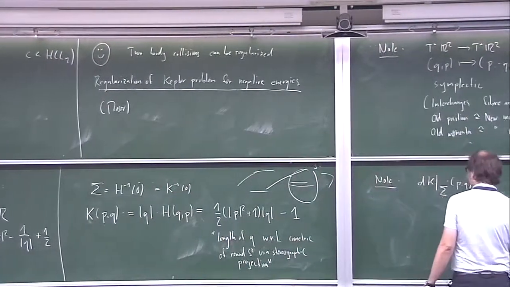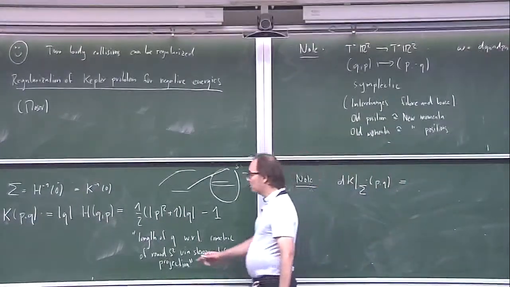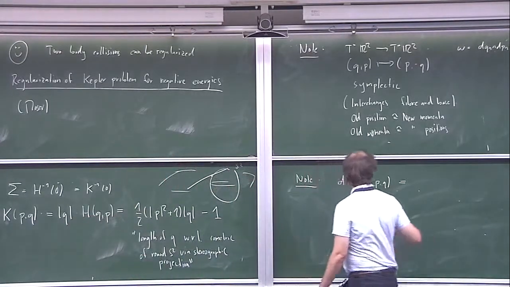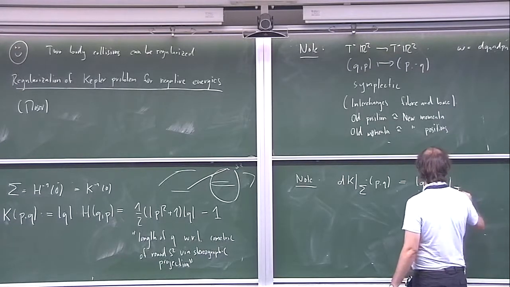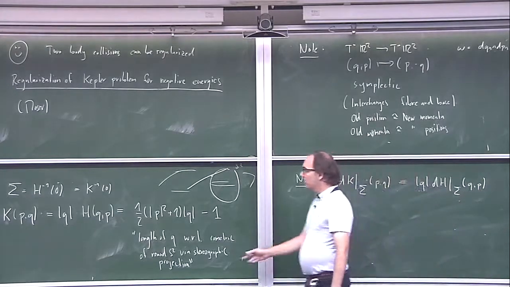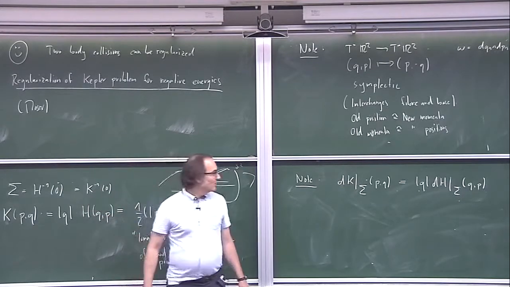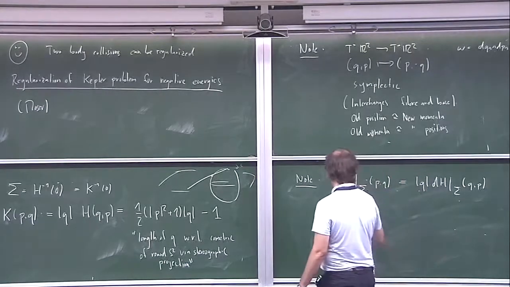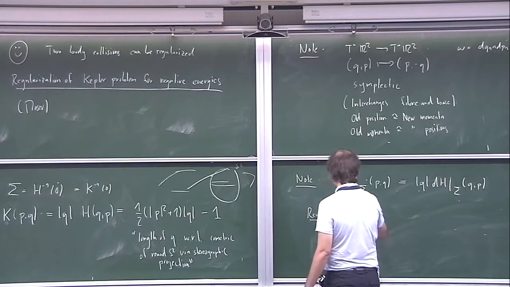Then, by the Leibniz rule, we have first Q dH restricted to sigma, and the second term is H times the differential of Q, but H is 0, so the second term vanishes.